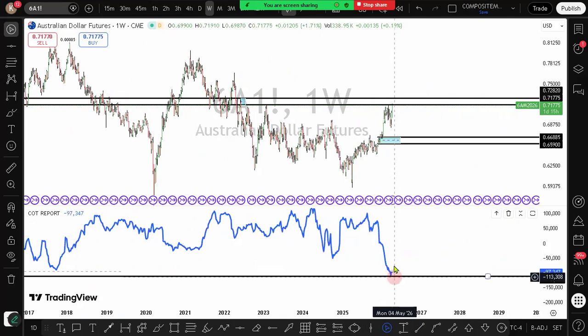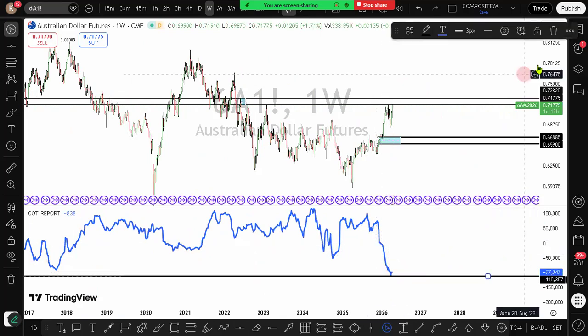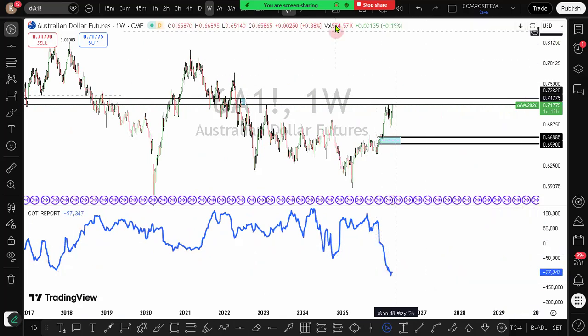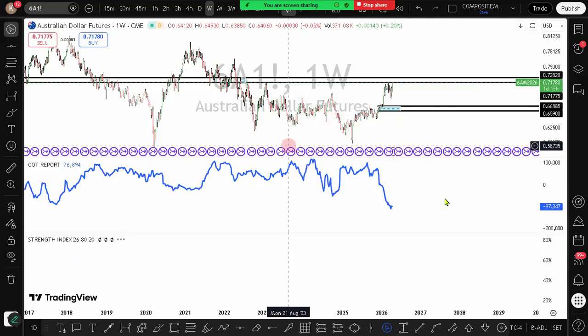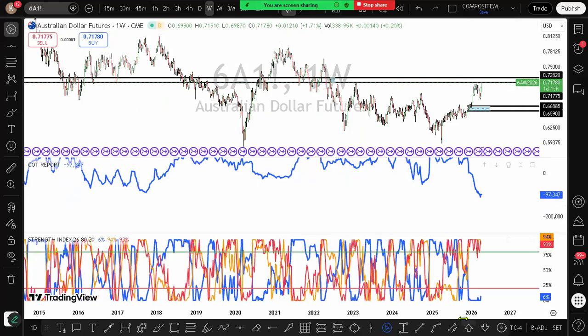Commercials have never been bearish like this. So if they're bearish like this, we want to check on the index. All right, bring in the index.